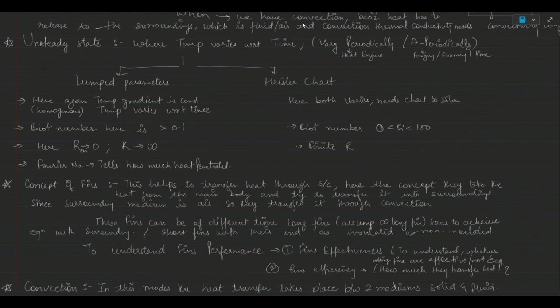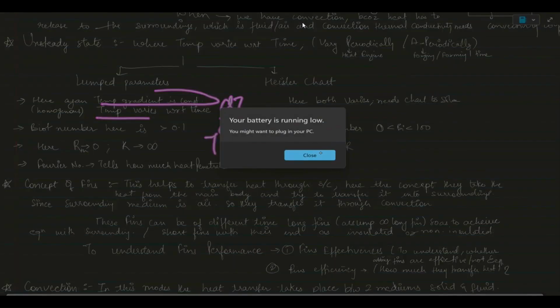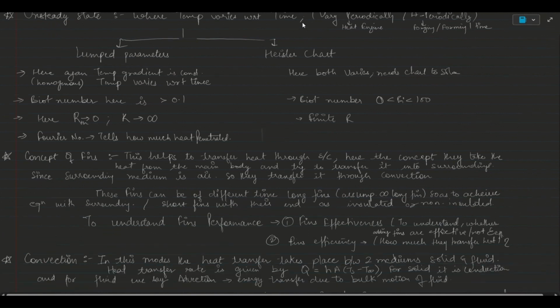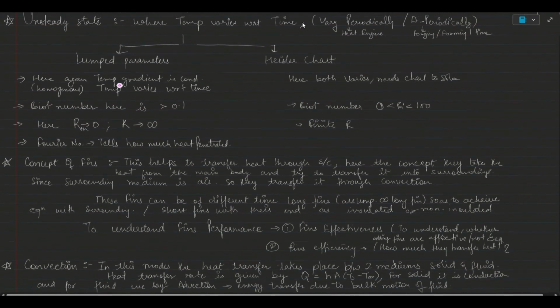Here two conditions come into action. One is the temperature gradient, we know about dT over dx. The other is temperature that varies with respect to time. For lumped parameters, the temperature gradient is constant and temperature is varying with respect to time.